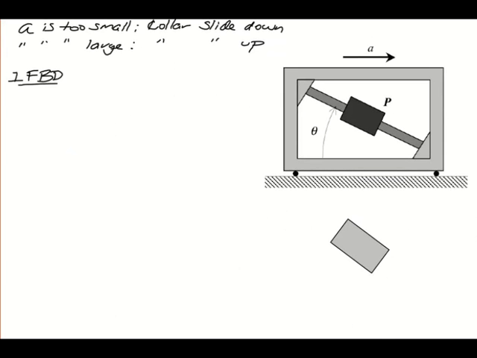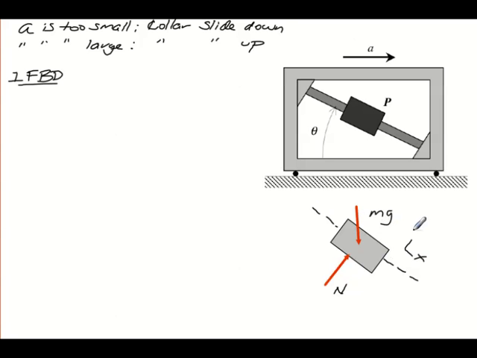Okay, so what we have here is a normal force N, no friction force because it's smooth. We've got the weight force there of mg, and that's it.